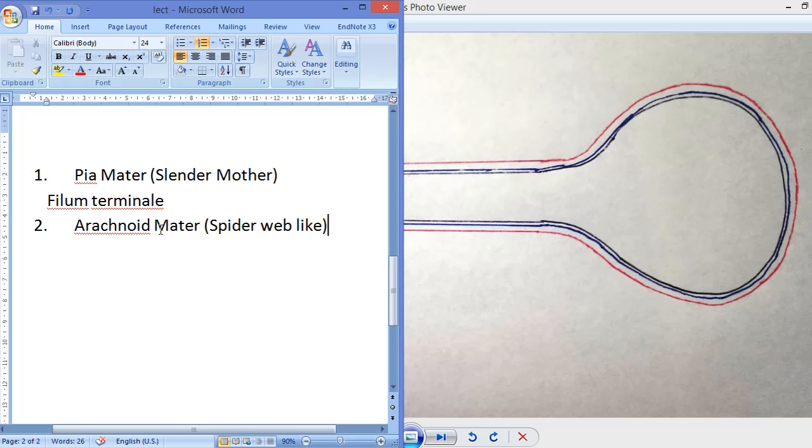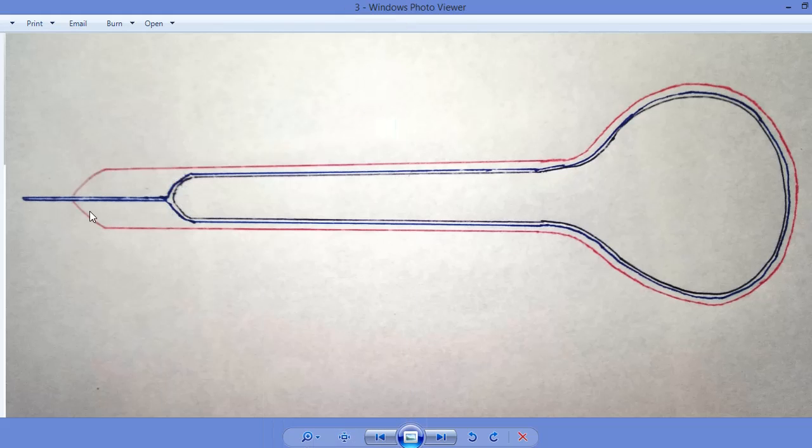Arachnoid means spider-like, or spider web-like, and mater means mother. So the appearance of this layer is just like a spider web. That's why this is called arachnoid mater.